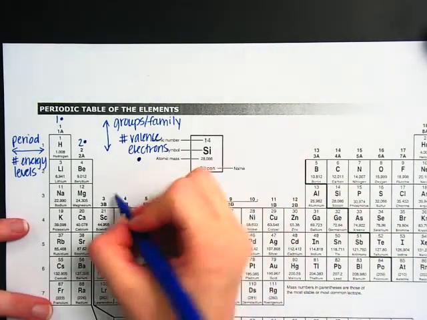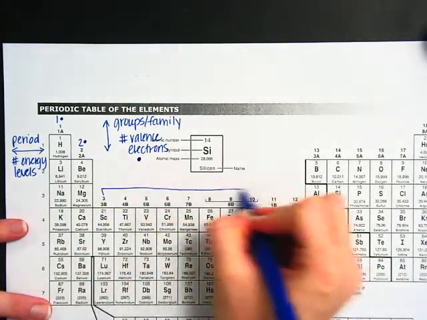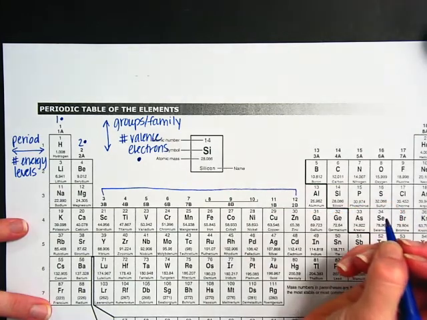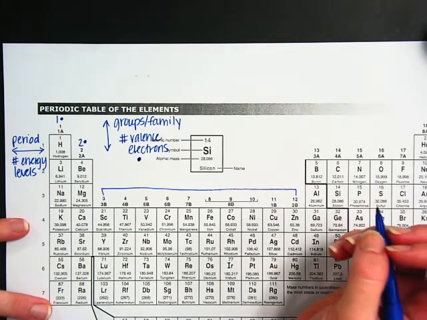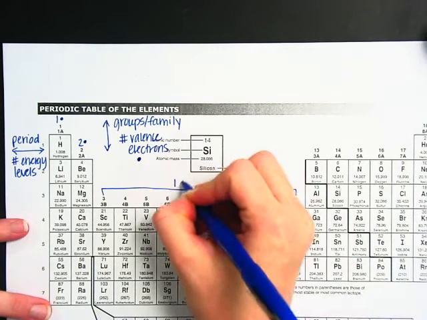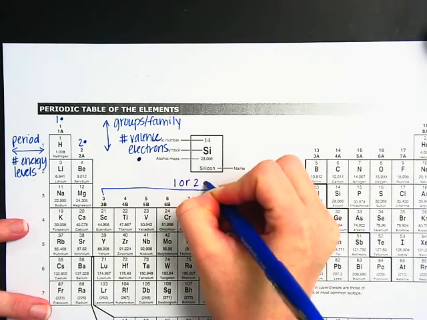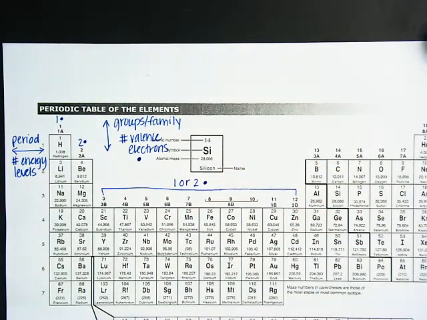Groups 3 through 12, kind of draw like a bracket here. They're kind of the goofy ones. They have either 1 or 2 valence electrons. They don't follow their group numbers.